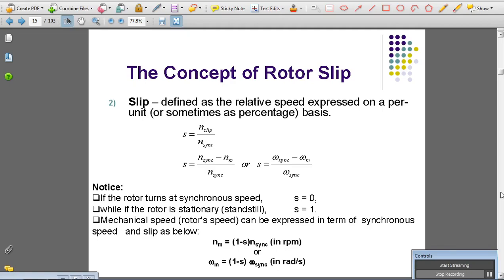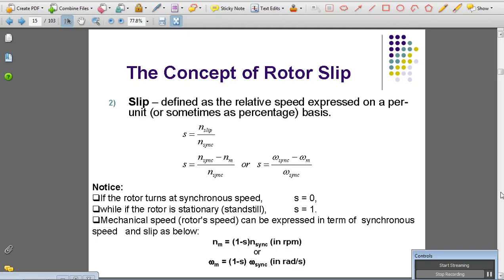Notice, if the rotor turns at synchronous speed, slip is equal to 0. Why? Because ns minus nr will be 0. While if the rotor is stationary or at standstill, slip is equal to 1, because the rotor speed is now 0.